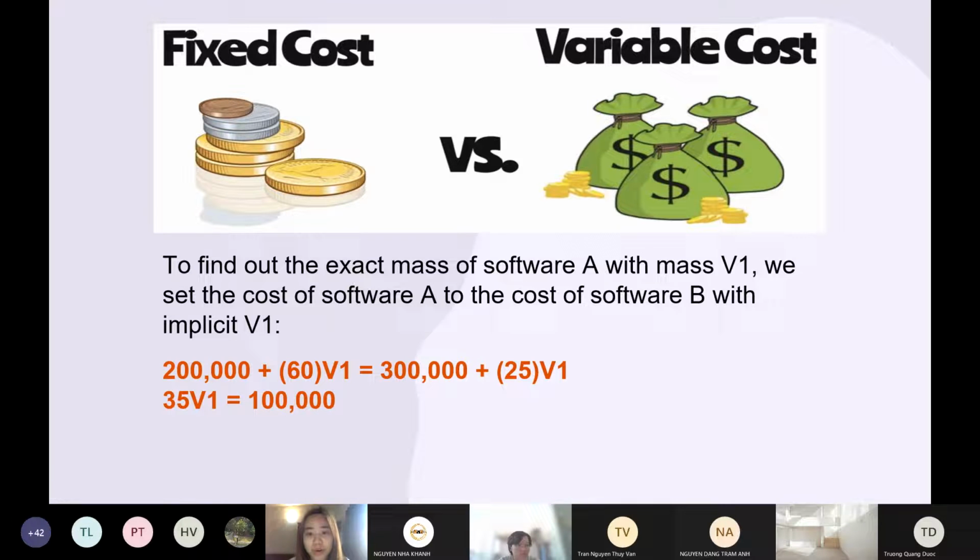Then we move the V1 terms to the left and the numbers to the right, so we have 35 V1 equals 100,000, and we find V1 equals 2,857. This means that software A is more economical from zero reports to 2,857 reports.